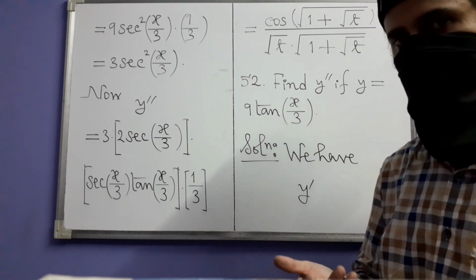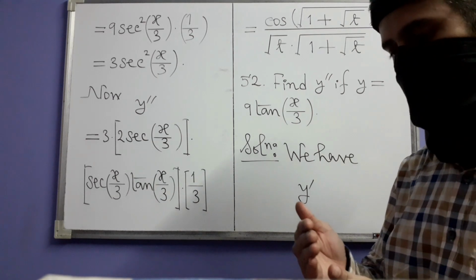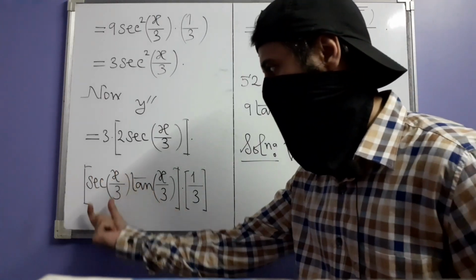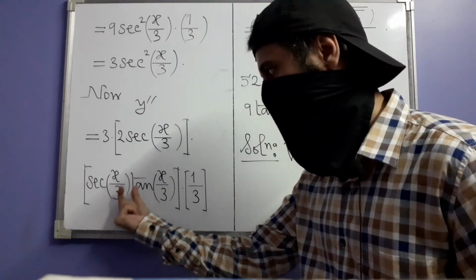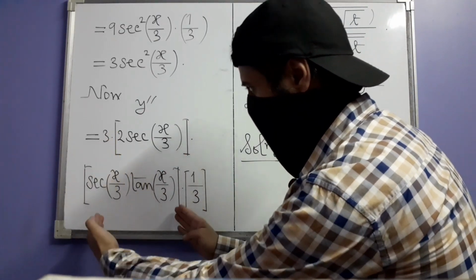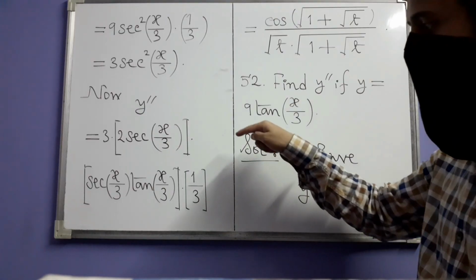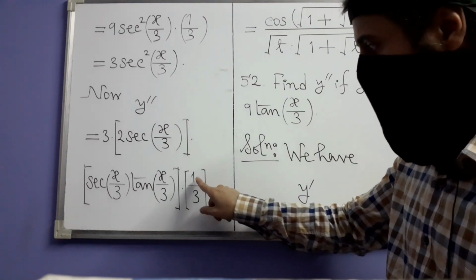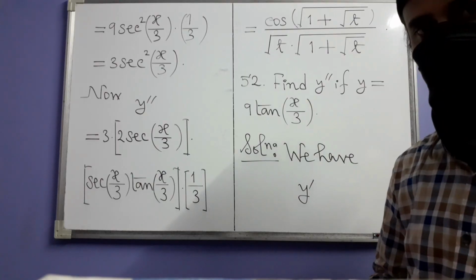Or if that sounds weird, the derivative of secant x with respect to x is secant x times tan x. So secant of the innermost room times tan of the innermost room. This is the other derivative. And then we have to differentiate the innermost room also. And when you do that, you get 1 divided by 3, because d/dx of x is 1.